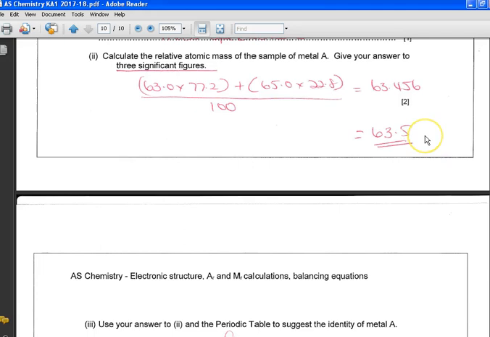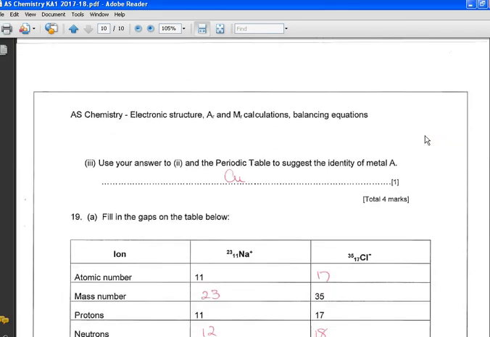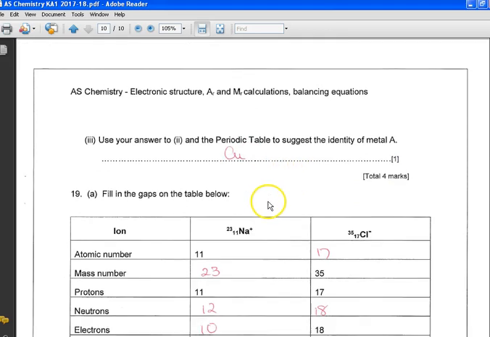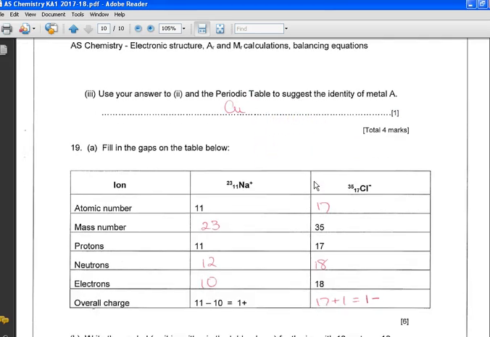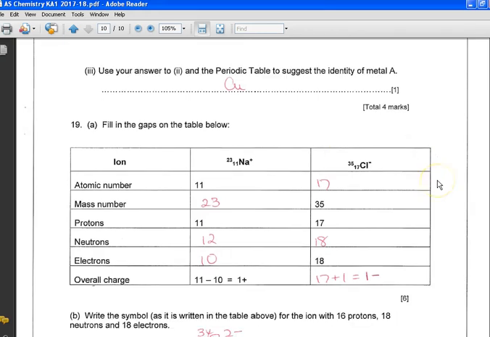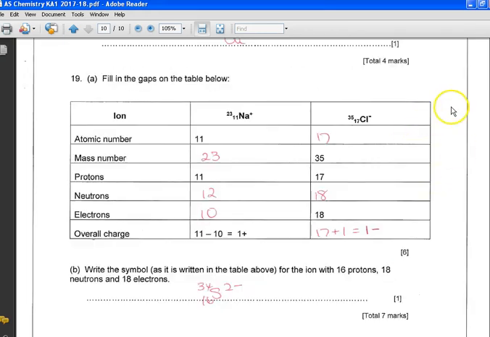We've come up with a relative atomic mass of 63.5, which, if we look on our periodic table, corresponds to copper. And then the final question, again, was a basic atomic structure question. You've got a sodium ion and a chloride ion here. It's asking you the mass number, which you take from the bigger number.